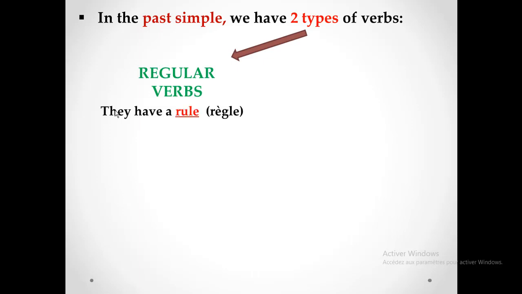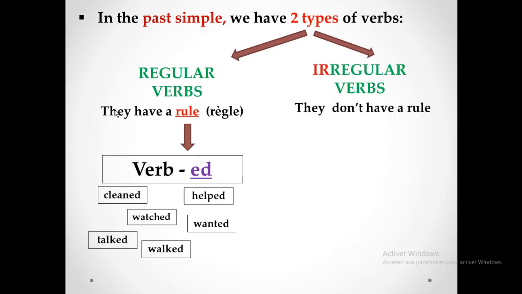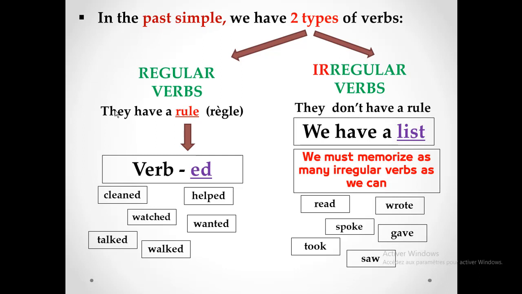Regular verbs, they have a rule, une règle, which is verb ed, like cleaned, helped, watched, wanted, talked, walked. The second type is irregular verbs. They don't have a rule. So what do they have? They have a list that we must memorize as many irregular verbs as we can. Irregular verbs like read, wrote, spoke, gave, took, saw.